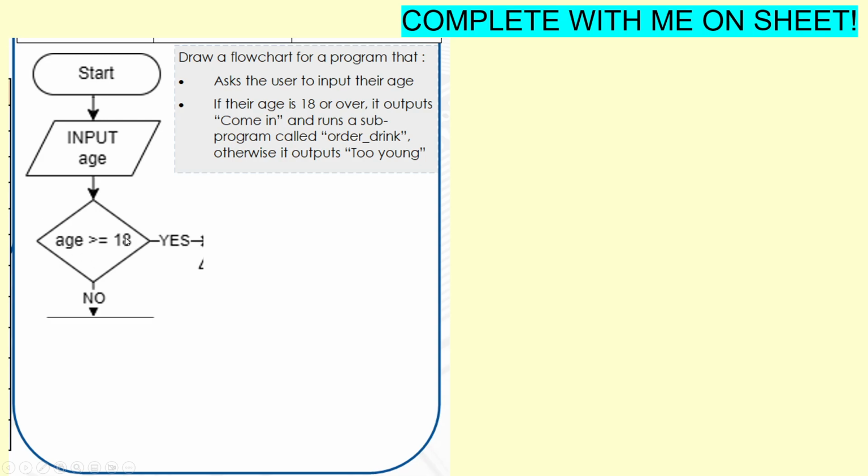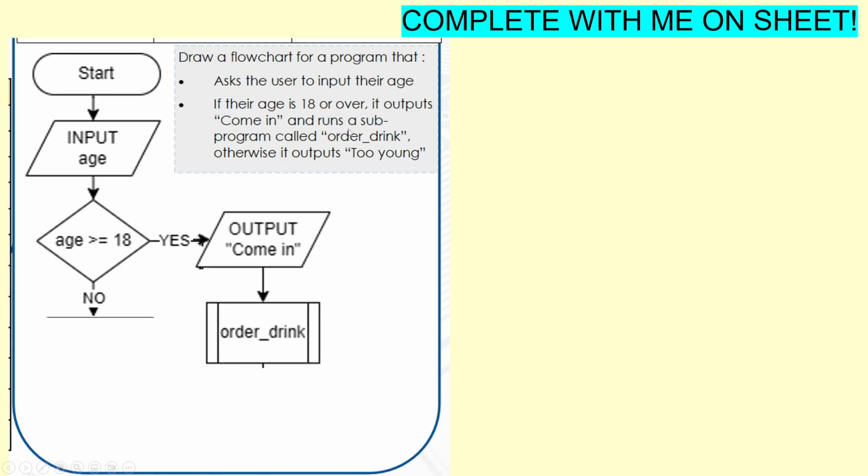We can do this with words in the diamond, and then 2 lines coming out, yes, no. If they are 18 or more, it says output a message saying come in, so our parallelogram box, come in, and then run a subprogram called order drink. Here's my subprogram. I don't know what that would do.